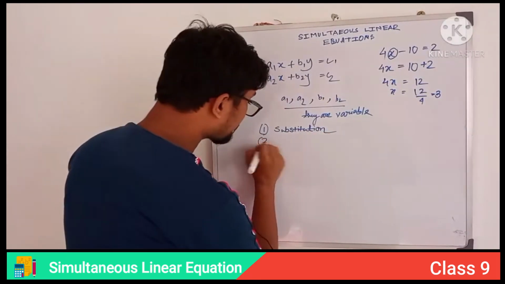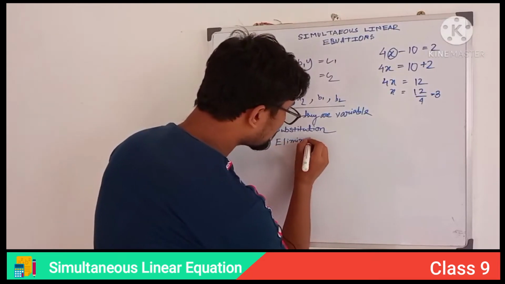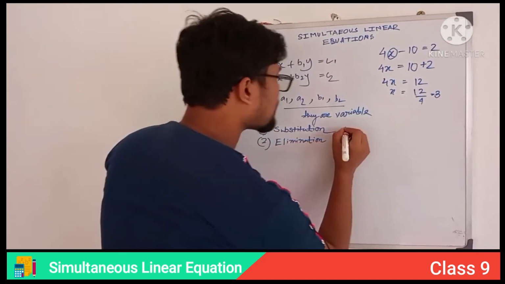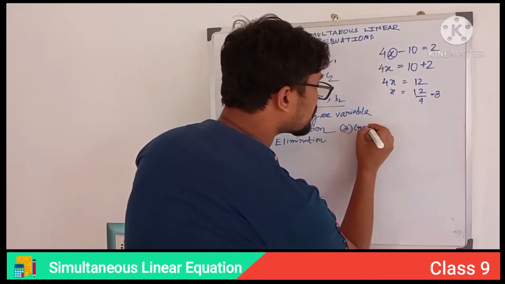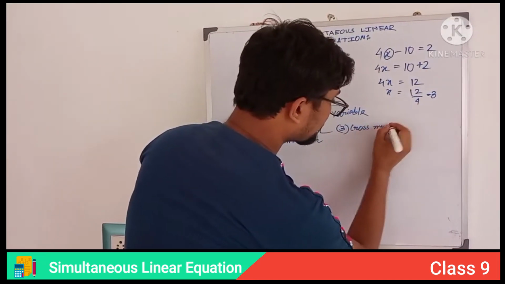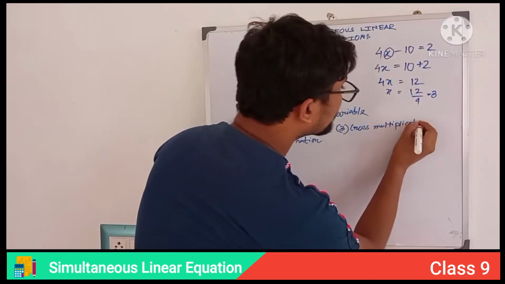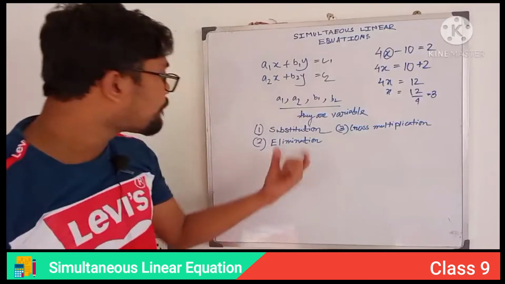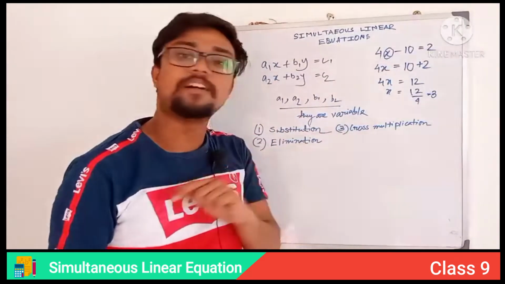Second one is elimination, and the third one, most important for class 9, is cross multiplication. So the methods are: first substitution, second elimination, third cross multiplication.